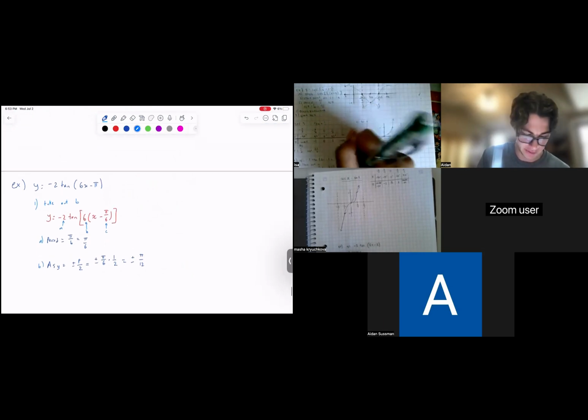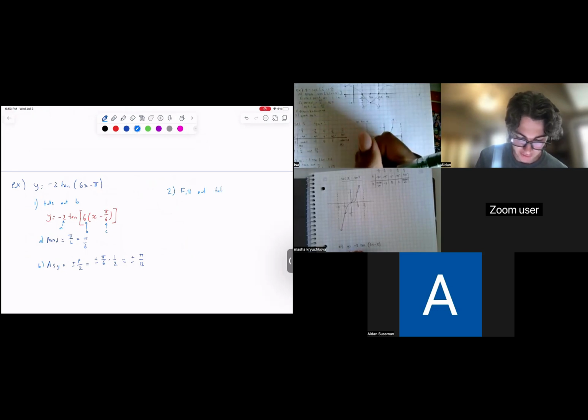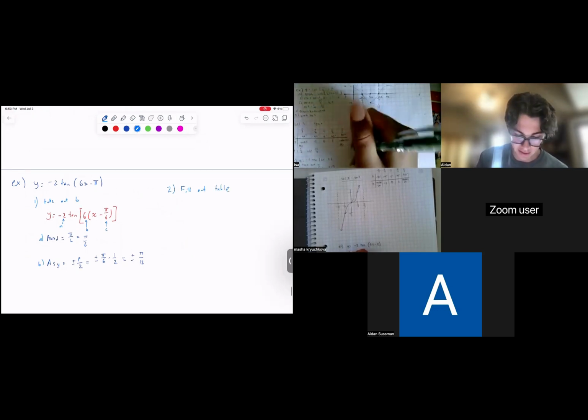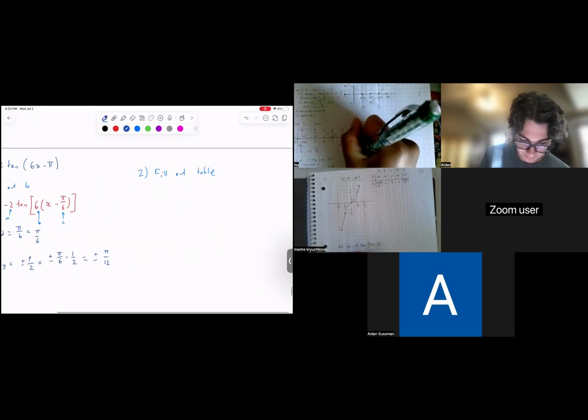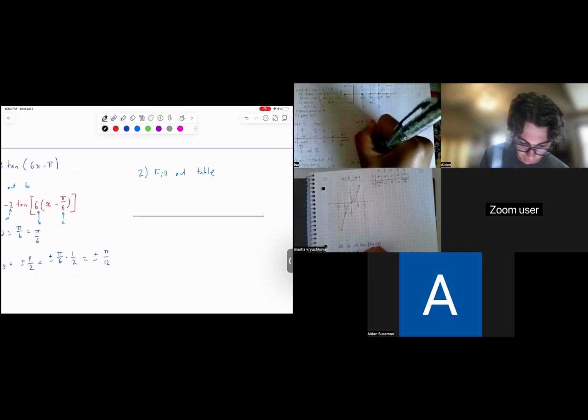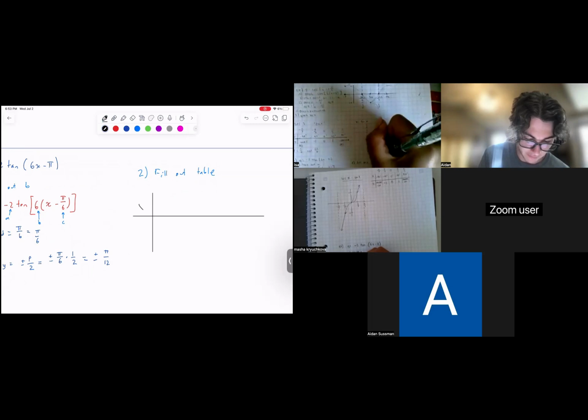Step 2 is to fill out our table, and our table is going to look exactly the same as it did before. We have our x and our y. Here's how the table works.